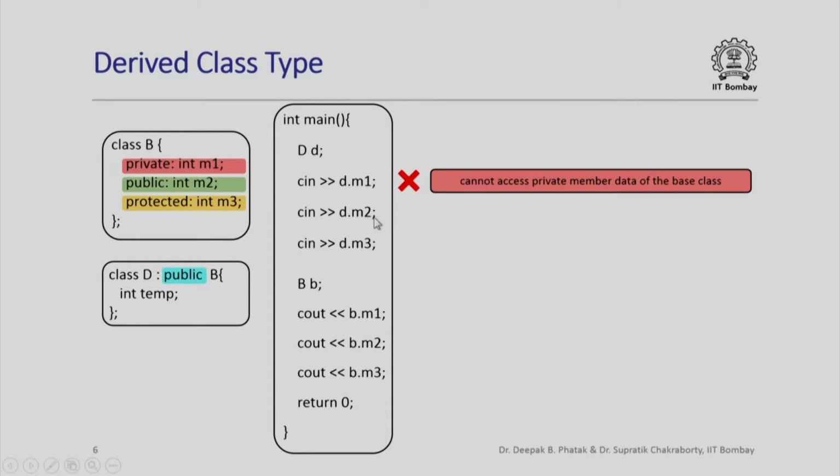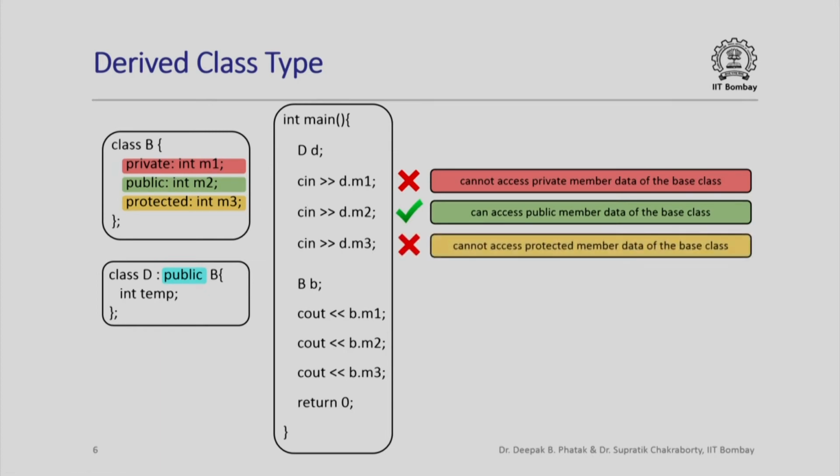However, can I access D.M2? Yes, I can, because M2 is a public data member of the class B. Since D is derived from B, I can inherit the public data member of class B, so I can access it. What about D.M3?